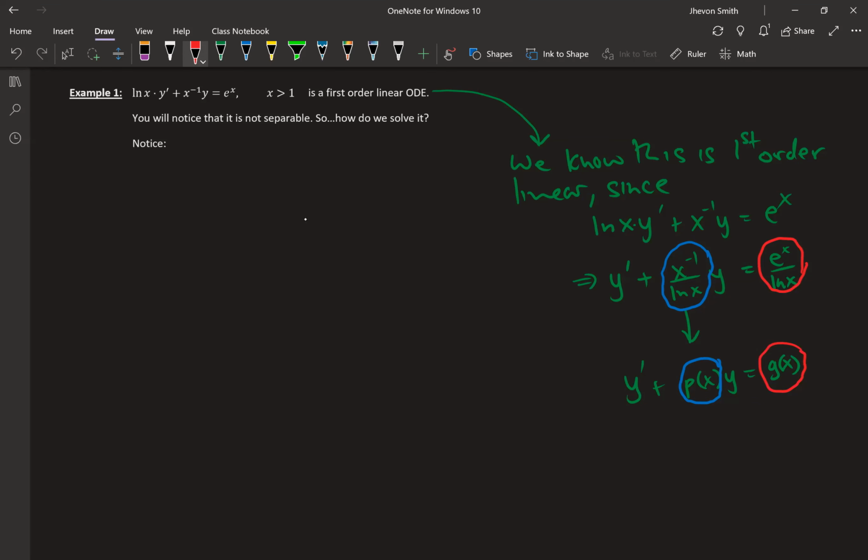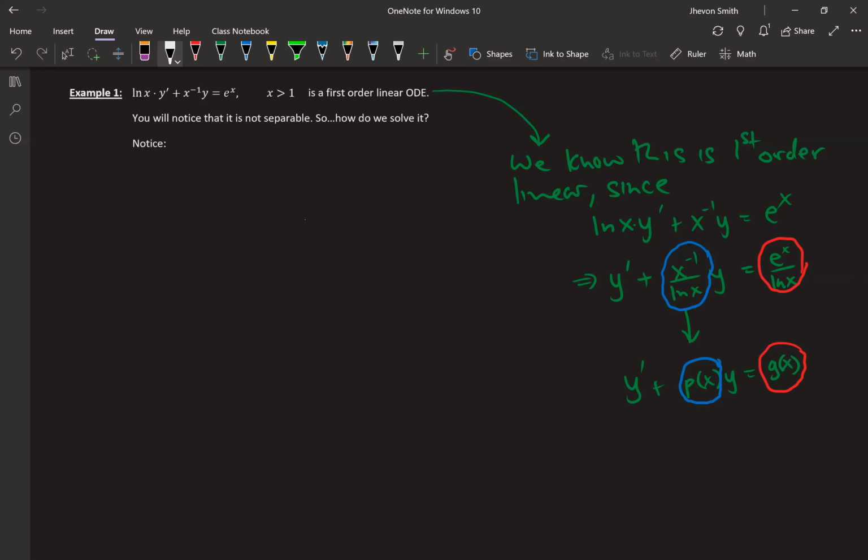Sometimes it's going to take a little bit of algebra for us to realize what kind of equation we're looking for. This is why your algebra skills are going to be important. You need to be able to look at something and understand, oh, I can algebraically manipulate this to look like this form. So this here is an example of a first order linear ODE.